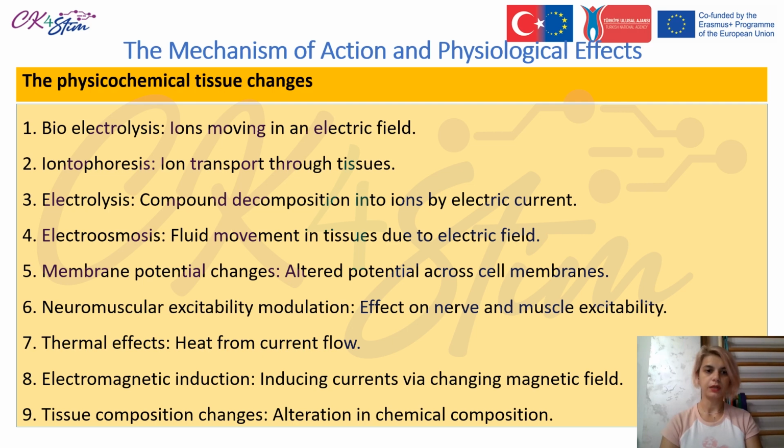For the neuromuscular excitability modulation, the effect on nerve and muscle excitability is found. Thermal effects are the heat from the current flow, electromagnetic induction is inducing current via a changing magnetic field, and tissue composition changes are the alteration in chemical composition.